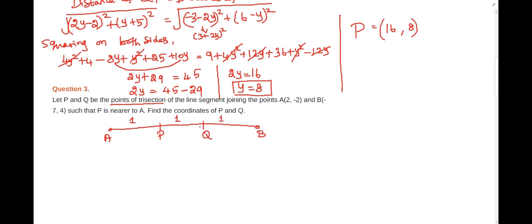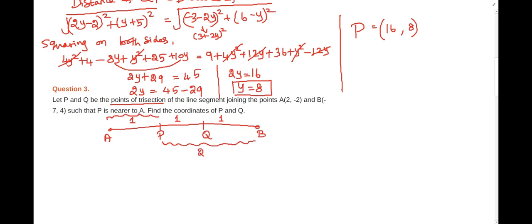So first you have to find the point P. If you want to find point P, you can assume this ratio will be 1 and this ratio will be 2.